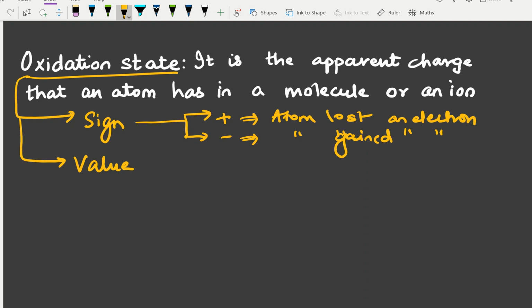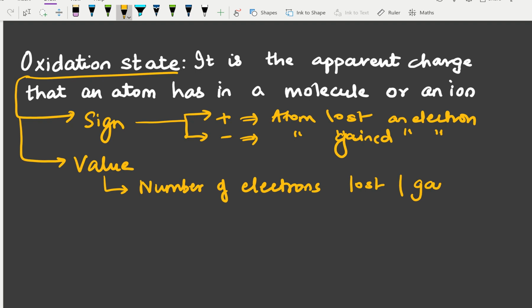Now, what is the value talking about? Value refers to the number of electrons lost or gained, because you're going to talk in terms of loss or gain of electrons. So that value is going to tell you how many electrons are lost or how many electrons are gained. It simply tells you the number of electrons lost or gained.